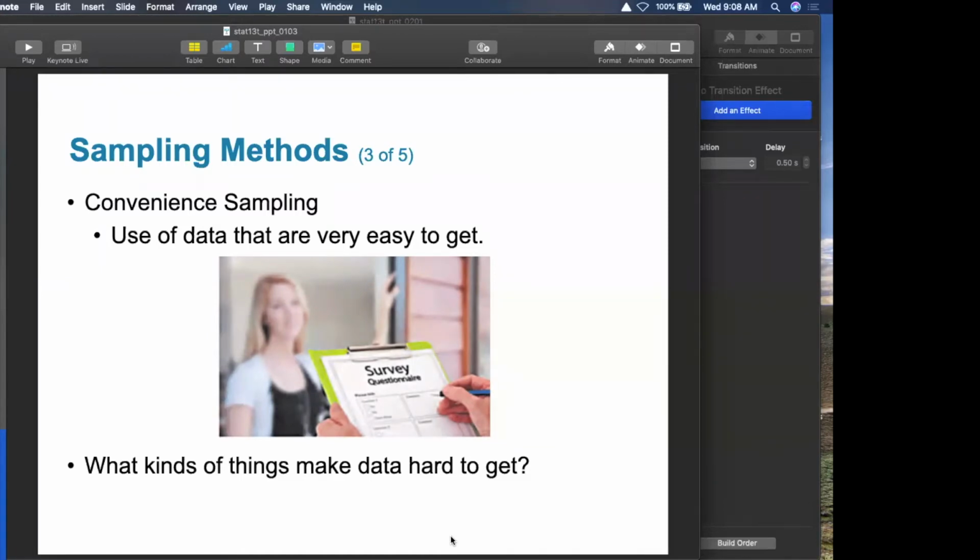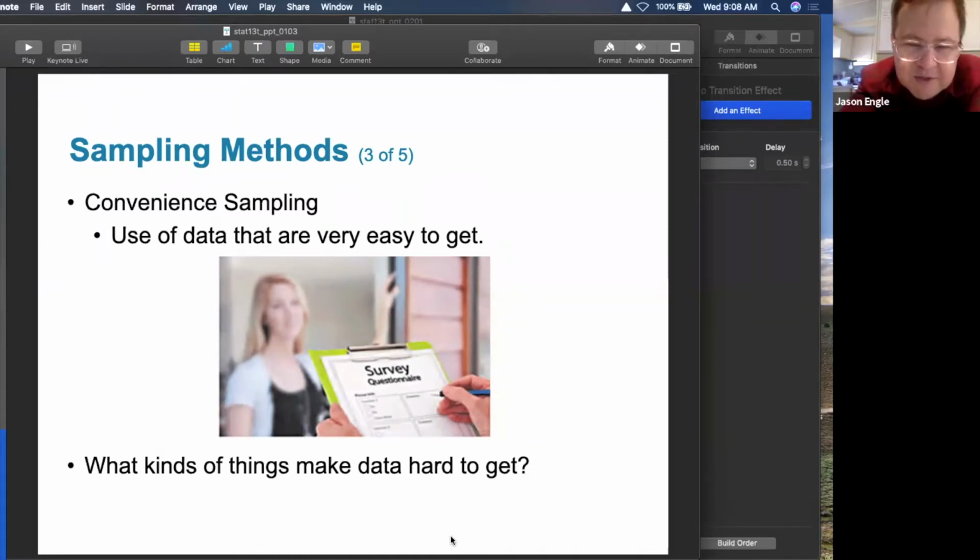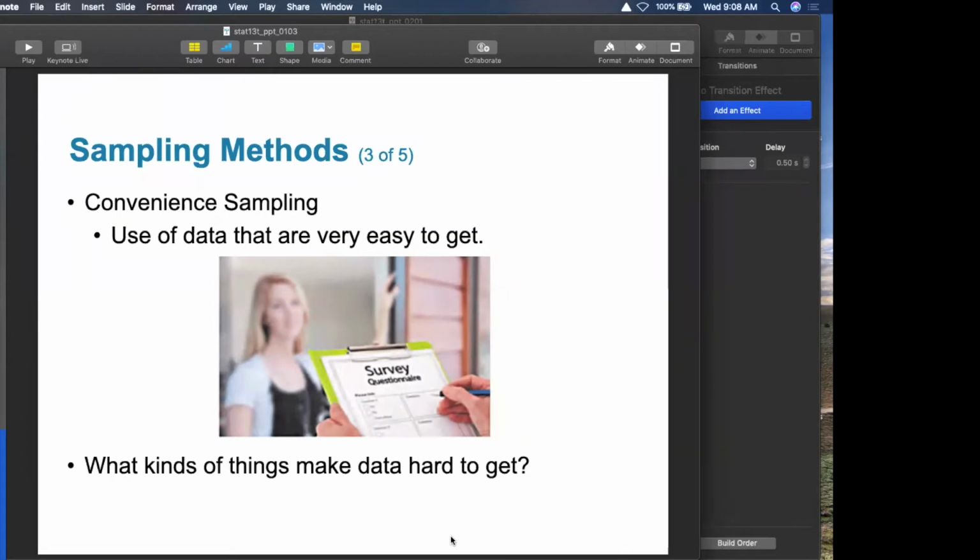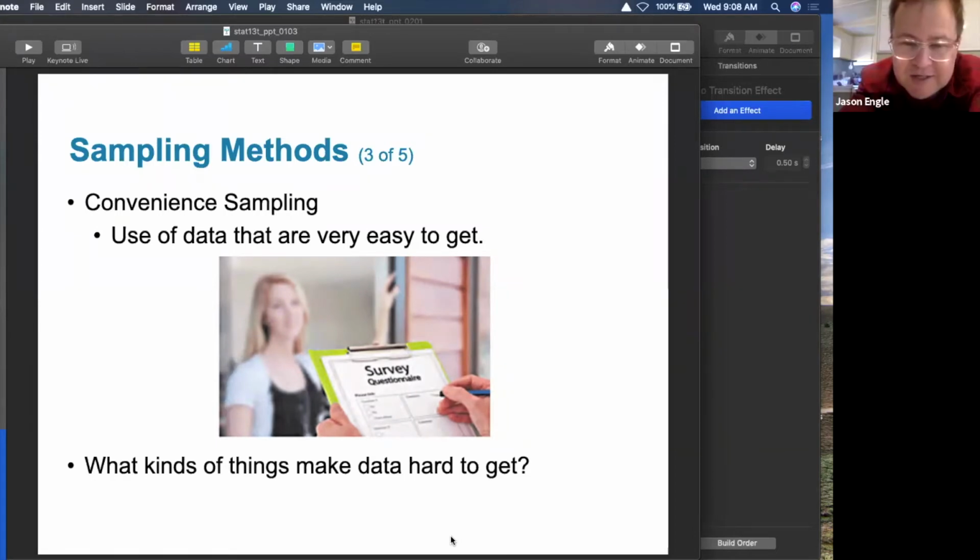So I would describe those YouTube surveys as convenience sampling. Because it's easy to get, but there's no guarantee that the people are going to participate, or if they do, they might just troll them kind of like I do. So it's kind of hard to get good data, but sometimes you might have to compromise and go with convenience sampling.